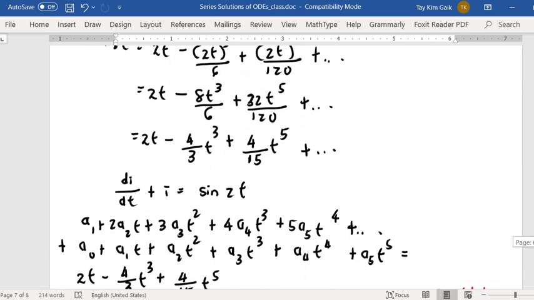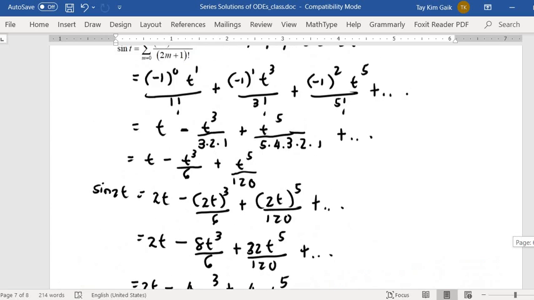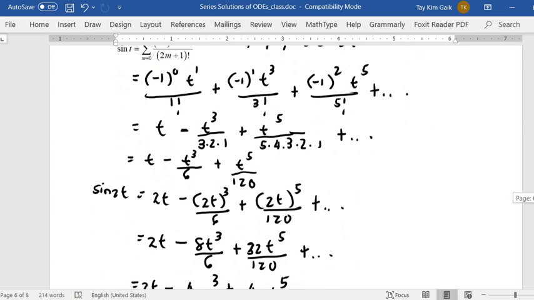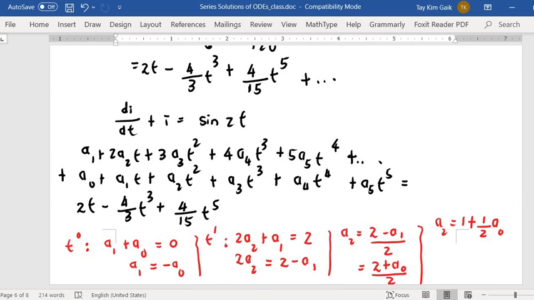So the conclusion is that solving by power series method is very easy. What you need to do, you want to solve for y, then we assume y is in terms of power series. For first order, y prime, we differentiate the power series expansion of y with respect to t, and the right hand side is sin t or exponent t or cos t. Then you expand it using the power series expansion, then collect the same power of term, compare left side, right side to get the coefficients.